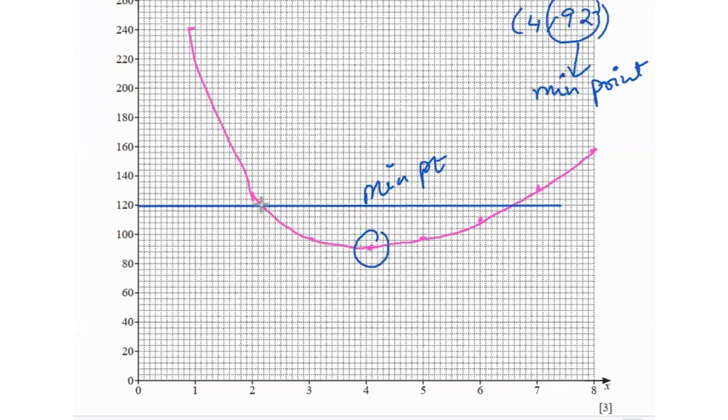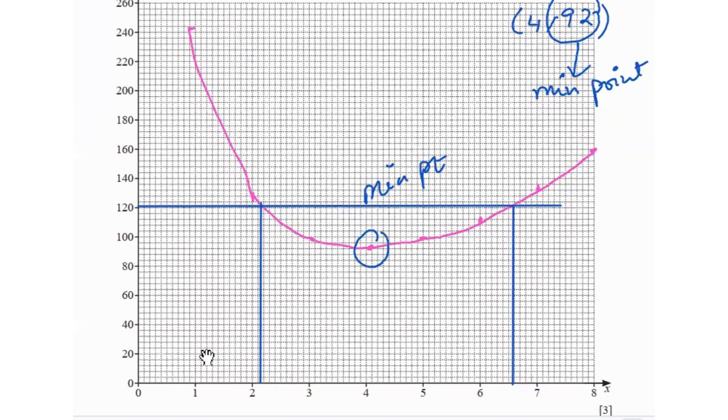And we find the corresponding x values. So what we get is 2 x values.